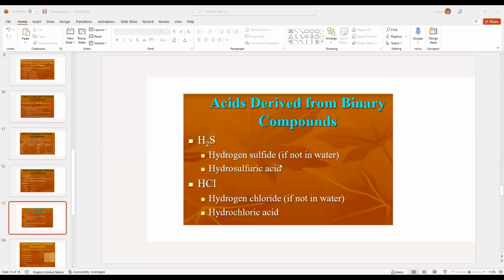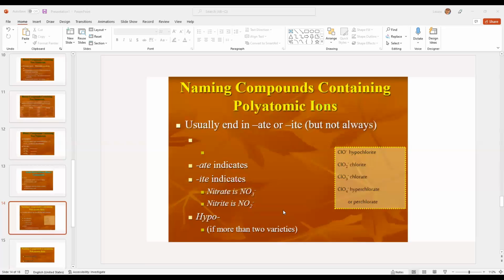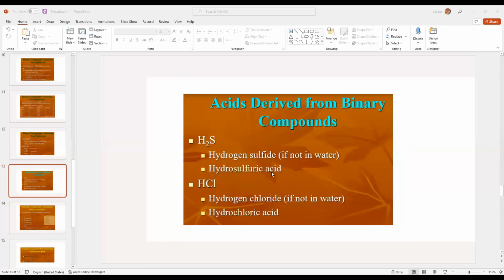And then you add acid at the end. Example, hydrochloric acid. Please remember that if the compound is not in water, then you name it as a covalent compound. But if it is in water, then you consider it an acid.